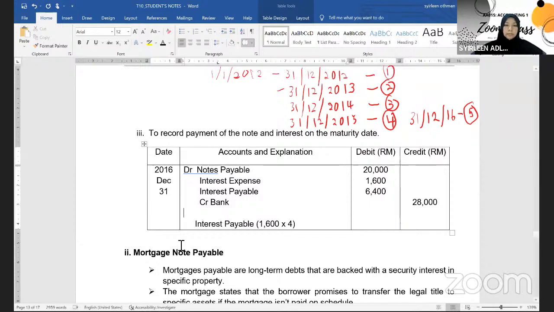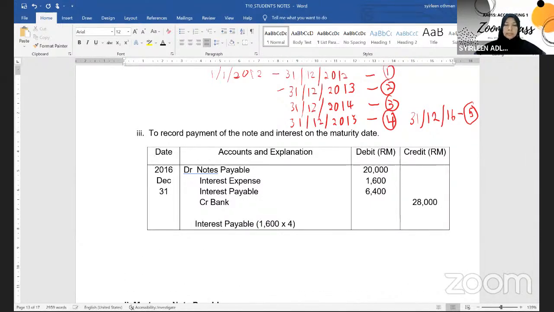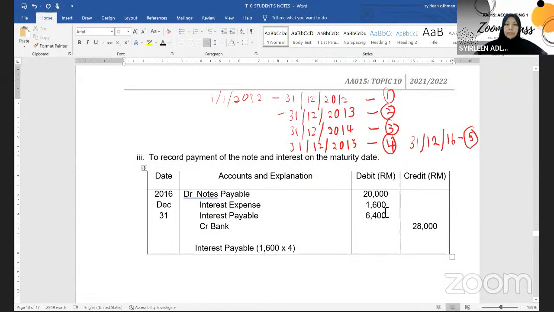So for those of you who are asking where do I get the amount of 6,400? As I mentioned earlier, every year semasa awak tutup account ni, 2012 you tutup, you akan declare 1,600 sebagai interest expense. This is what we did earlier here.